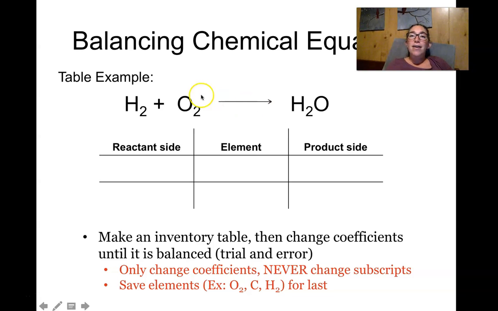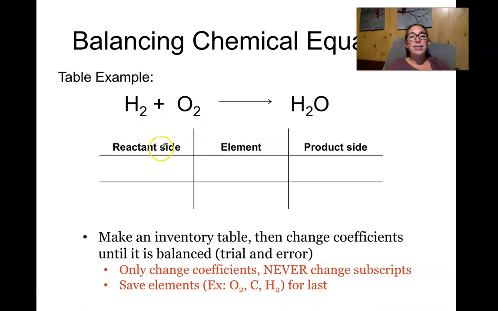So the best way to really learn how to do balancing equations is to use what I call the table method. So you're going to want to list out the elements that you have. So in this problem we have H2 plus O2 reacting to form H2O.